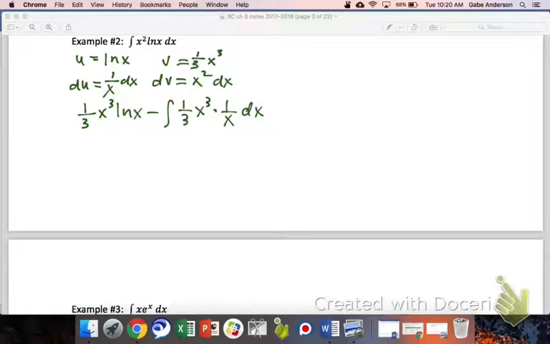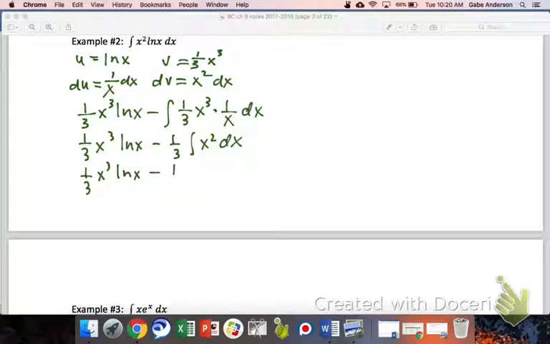You can see that the x cubed would cancel with the x a little bit, so you'd end up with 1/3 x cubed natural log of x minus 1/3 integral of x squared dx after you do that canceling with the x cubed and the x. And once you boil it down to this point, of course, it's just a very simple power rule, right? And we're done. So it'd be 1/3 x cubed natural log of x minus 1/9 x cubed plus c.